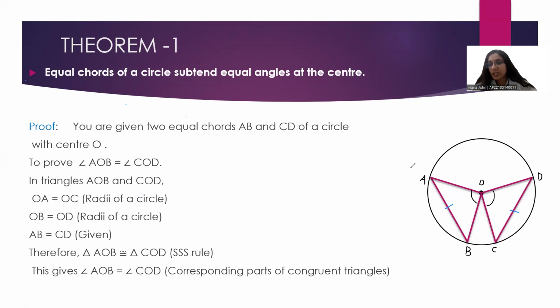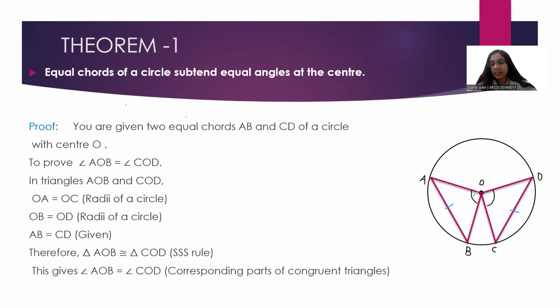It is easy. Just join the end points of the chord to the center by line segments. Here join A to the center by AO, join B to the center by BO. Then we'll get the angle subtended by the chord AB. This is the angle subtended by the chord AB at the center. Similarly, this is the angle subtended by the chord CD at the center. Okay.